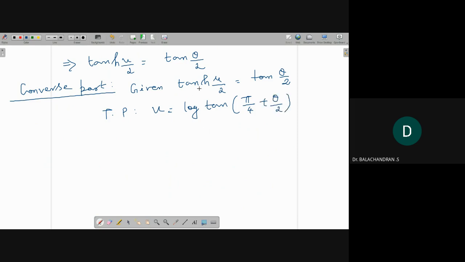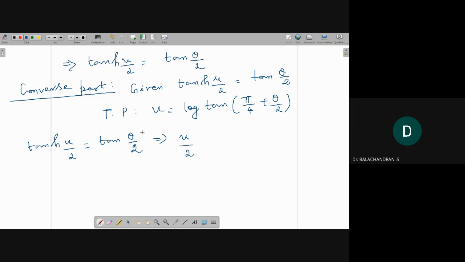Okay. So from this, first I will write tan h of U by 2 equal to tan theta by 2. I need only U, so I can keep U by 2 here.